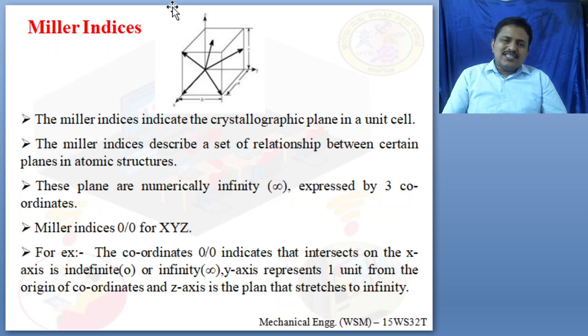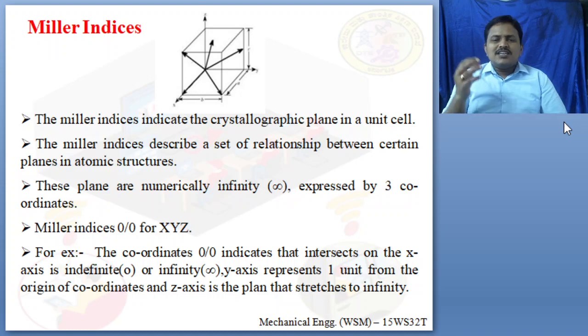In this sketch you can see there is a crystal in which there are planes. These planes are known as crystallographic planes. A Miller index indicates the crystallographic plane in a unit cell.